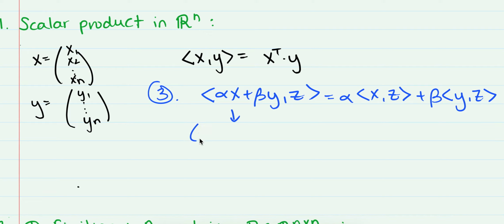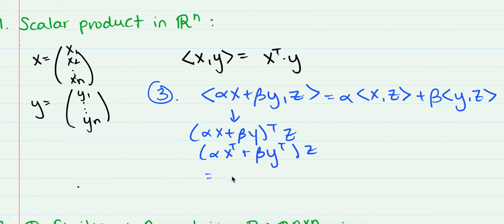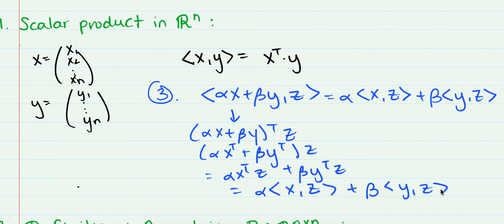Well, by definition, this is alpha x plus beta y transpose z, and now you just use the property of transposes, which is that it distributes over a sum. So this is alpha x transpose plus beta y transpose times z, which is alpha x transpose z plus beta y transpose z, which is alpha times the inner product of x with z plus beta times the inner product of y with z. So it passes all of the properties of an inner product, so this is an inner product.